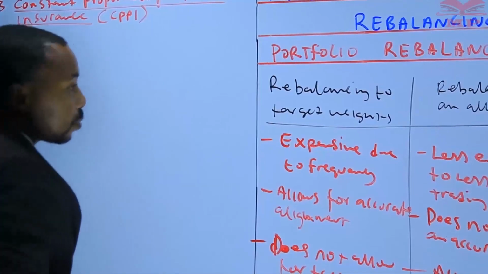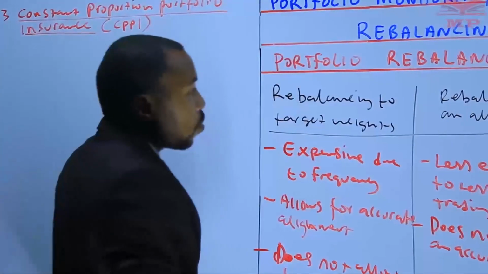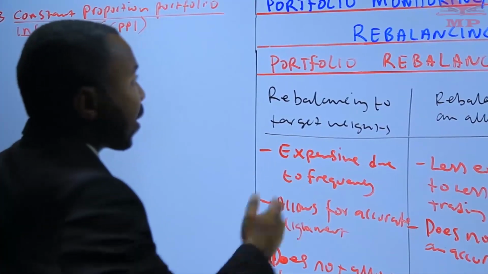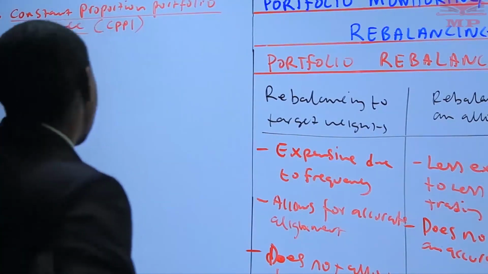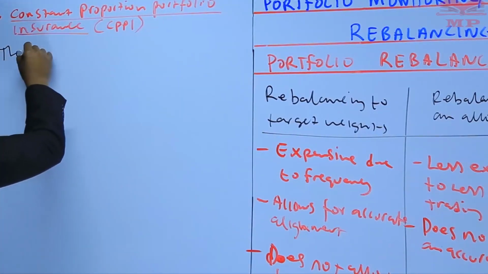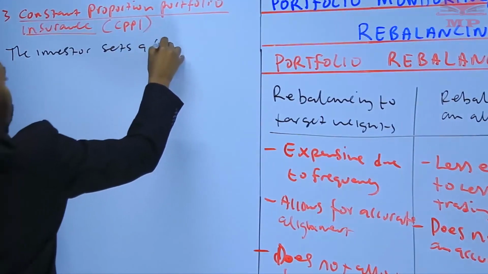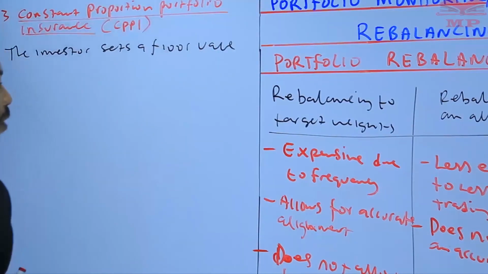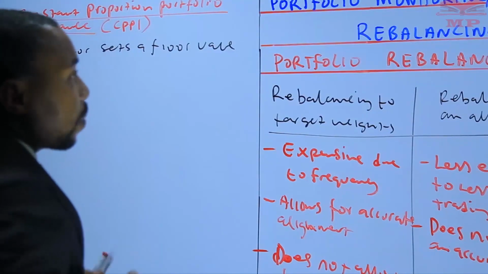It's almost similar to the constant mix formula, but here the investor sets a floor value, and the floor value is one the investor does not wish assets to fall below.